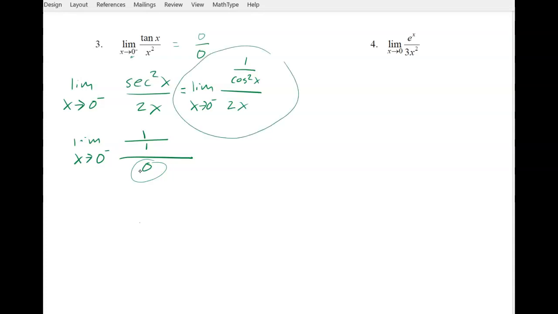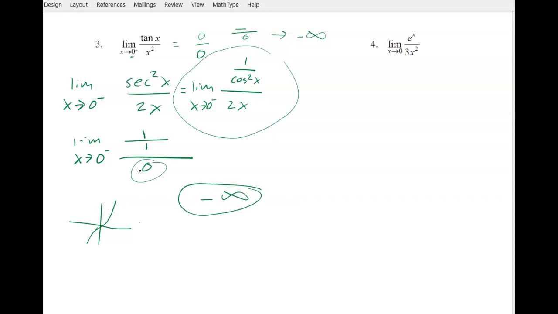And for both tangent and cosine, if you remember what the graph of tangent looks like, before you get to x is 0, your function values are negative. So you had just a very slight negative number divided by a 0 that would approach negative infinity. So your limit is negative infinity. It's a little review of limits that go to infinity.